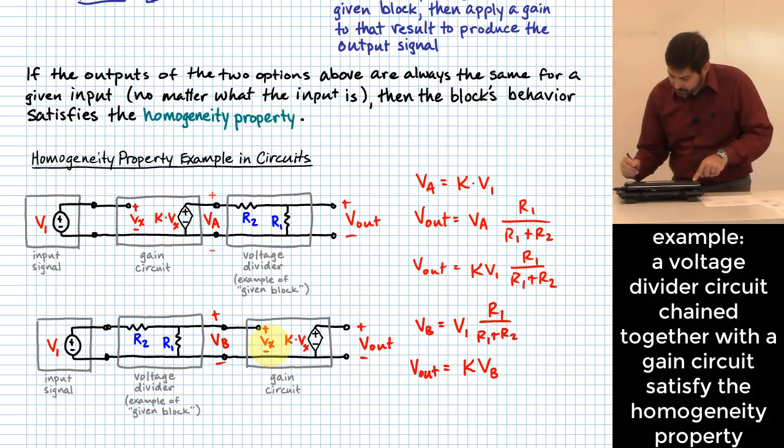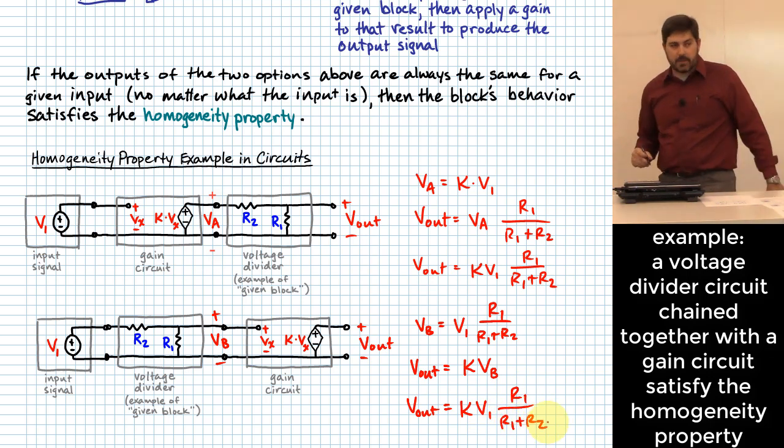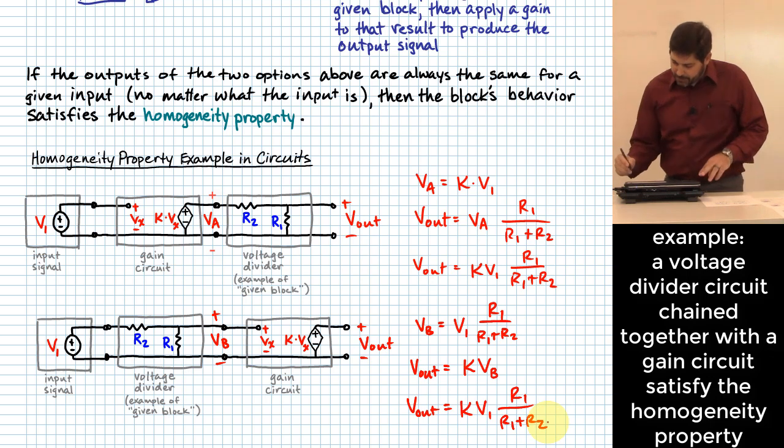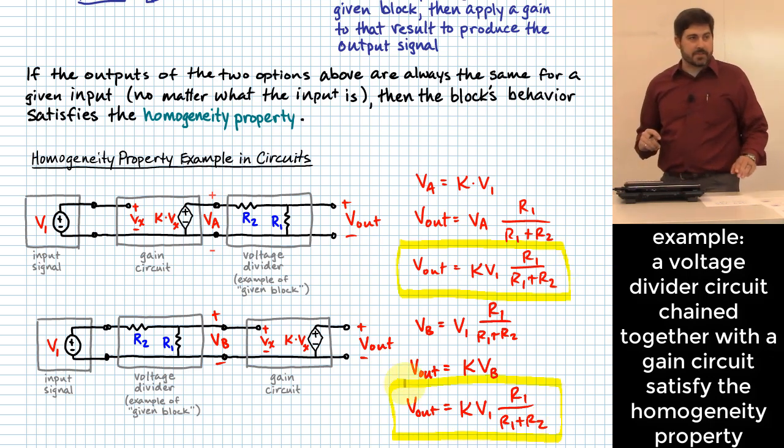Well, I can now do a substitution on this and say V out is just equal to K times VB, which is V1 times R1 over R1 plus R2. Does that look familiar? Those end up being the same, right?